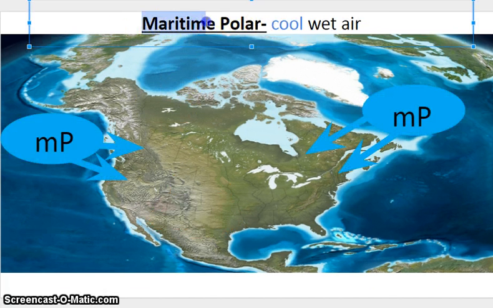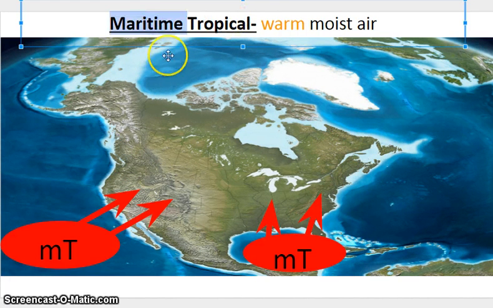Maritime polar, maritime is wet, forming over water, but polar means cold, because it's forming closer to the poles, so this is when you have cool, wet air. And then maritime, forming over water. Tropical, warm, means it's going to be warm, moist air, warm air with water.